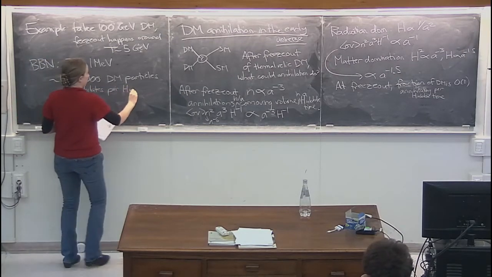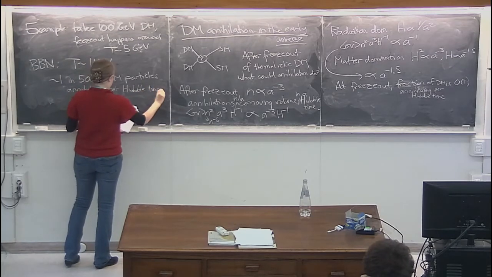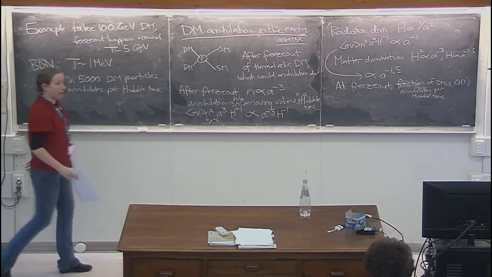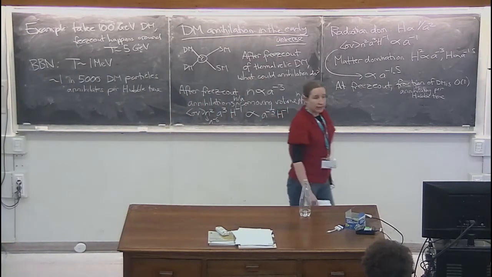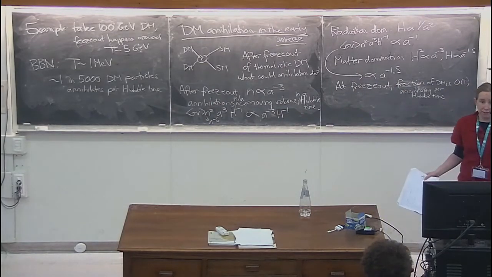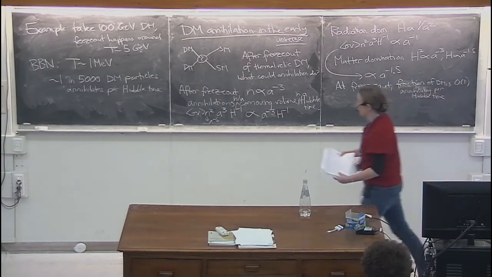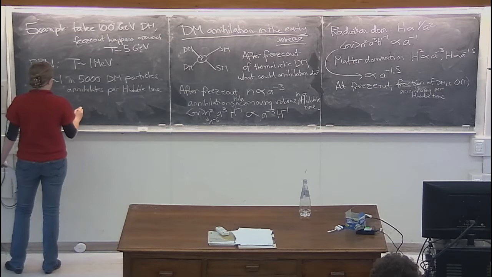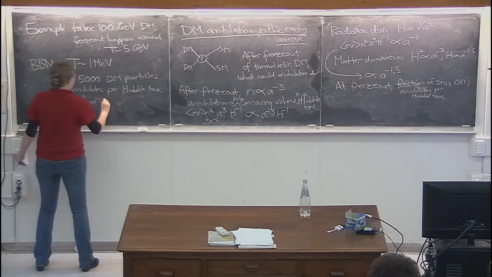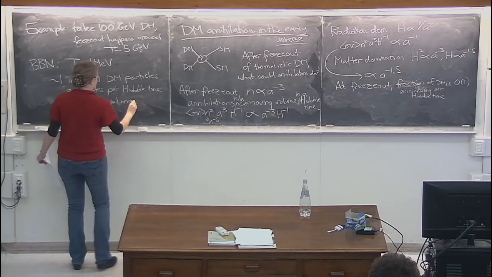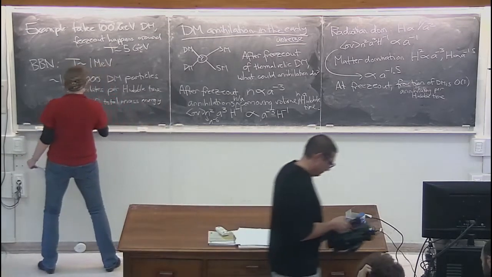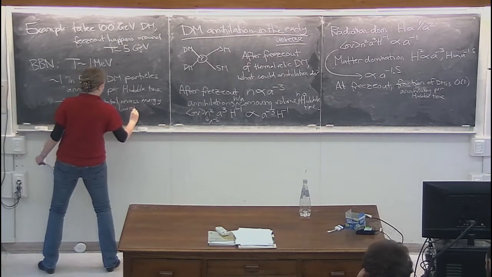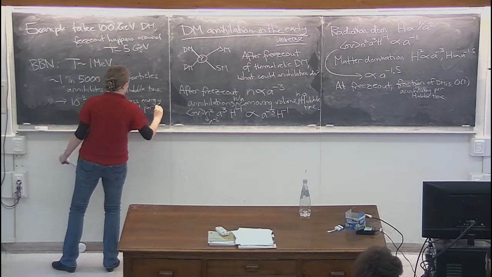So what does that mean? 1 in 5,000 of the mass contained in dark matter. There's about 5 times as much dark matter by mass as there is baryons, so this is about 10 to the minus 3 of the total mass energy in baryons being liberated per Hubble time.